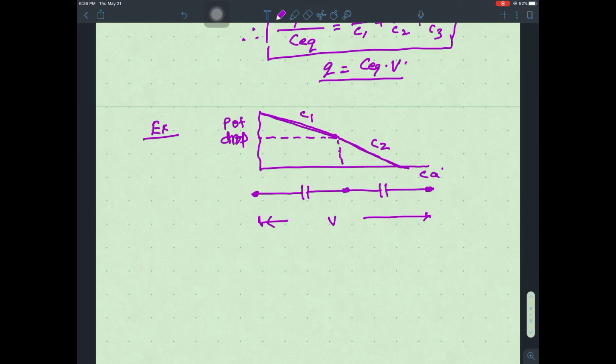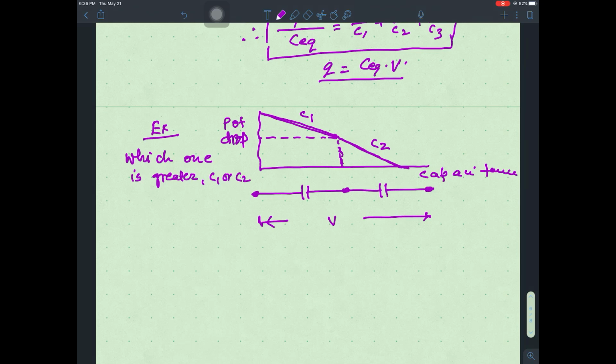So here is the capacitance, and here is the potential drop given. The question being asked is: which one is greater, C1 or C2?